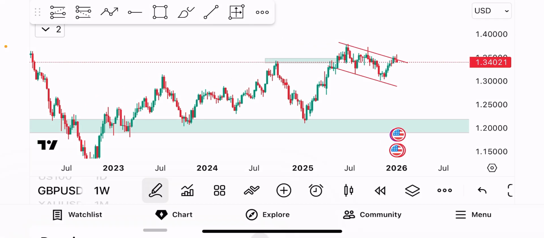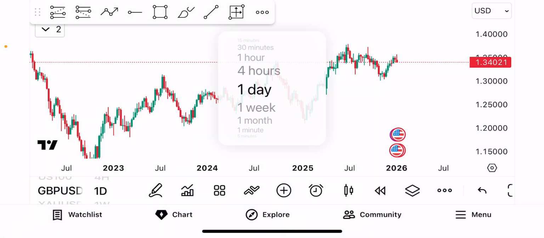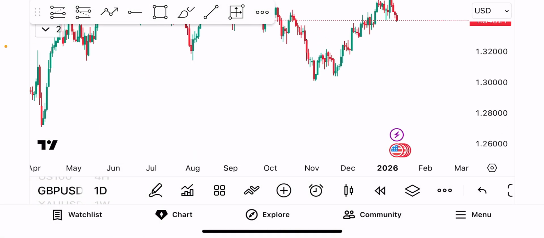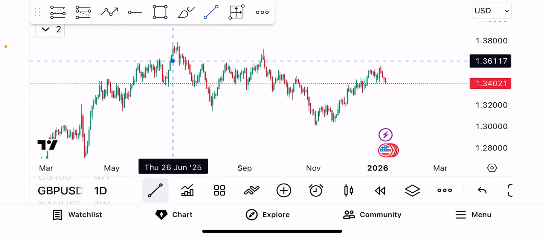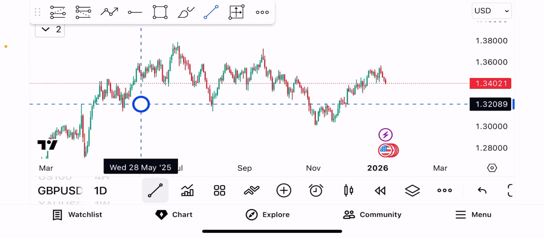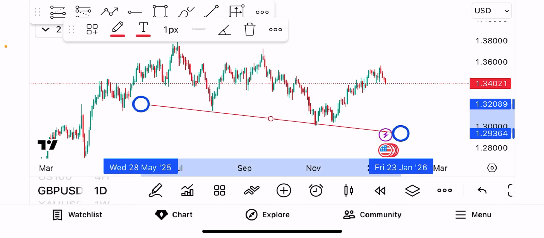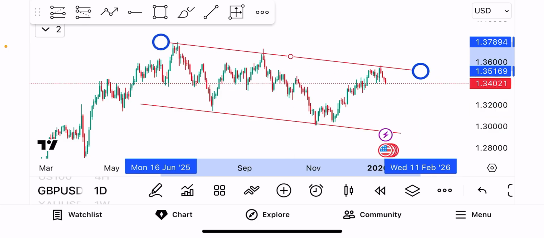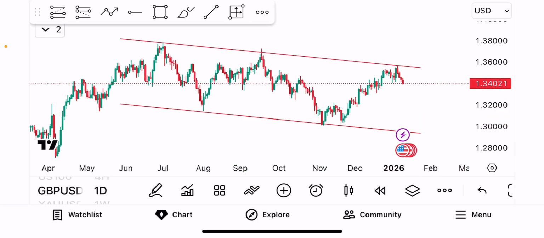All right, so we should also have that in mind and then drop down to the daily time frame. So here from the daily time frame, this is the channel that we identified in that weekly chart. Let me clone this. This is the channel that we identified in the weekly chart.